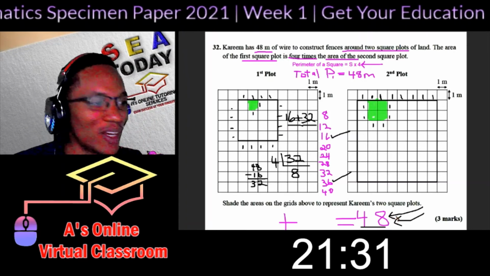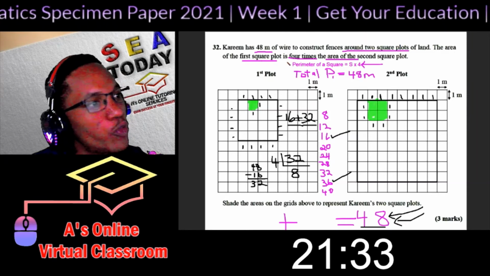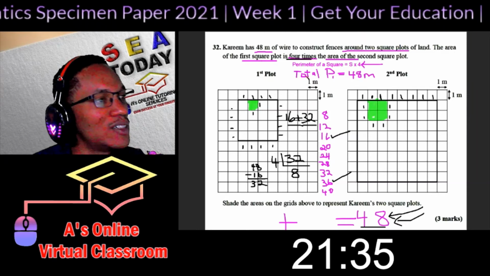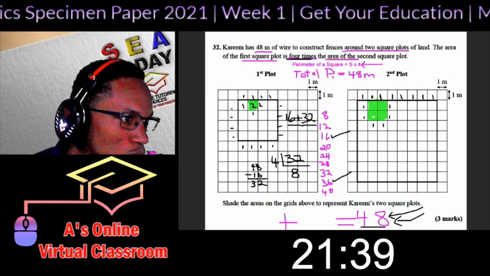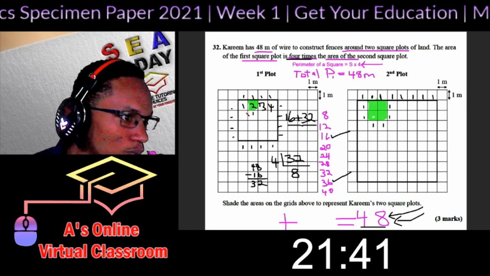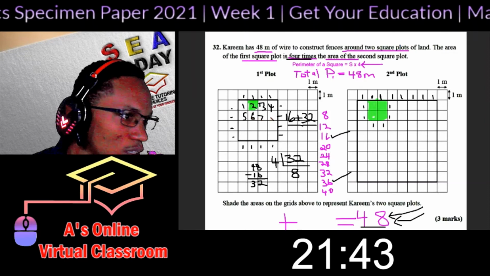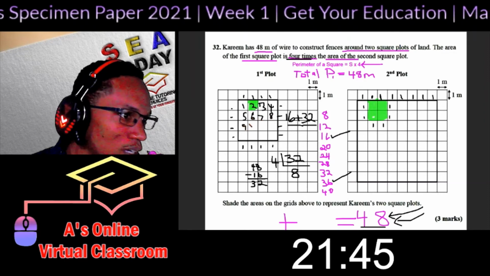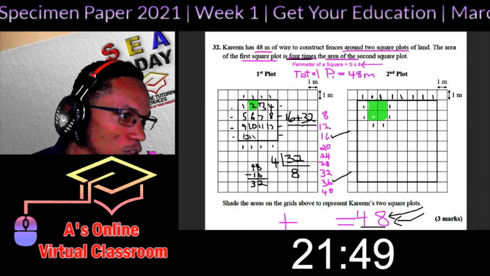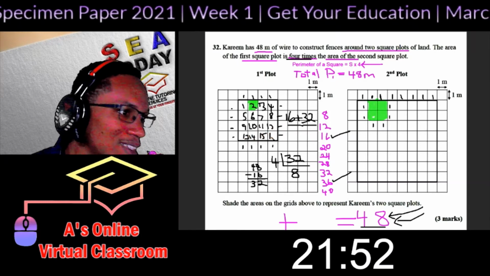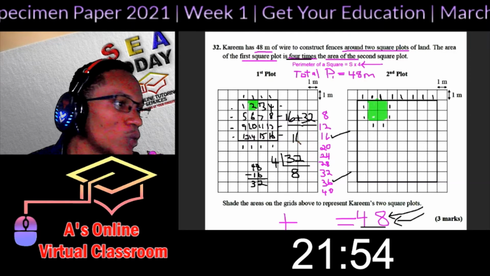And on top of that, they said the area is 4 times. So the area in this small square is 1, 2, 3, 4, 5, 6, 7, 8, 9, 10, 11, 12, 13, 14, 15, 16 centimeters squared.